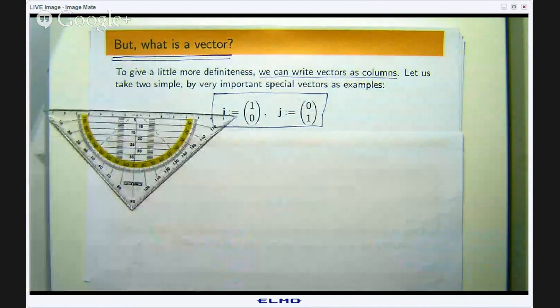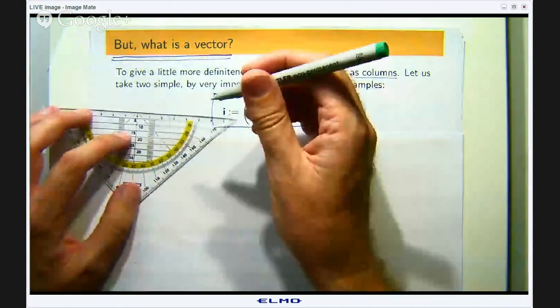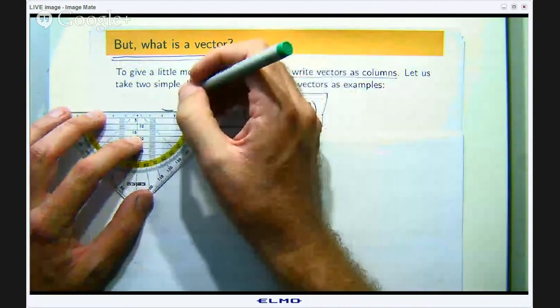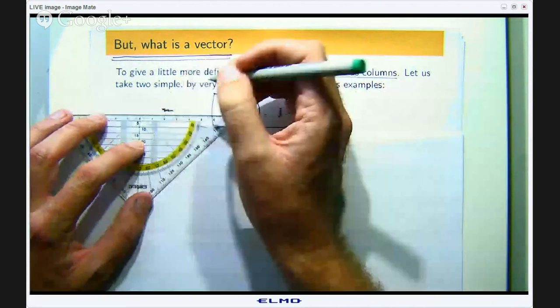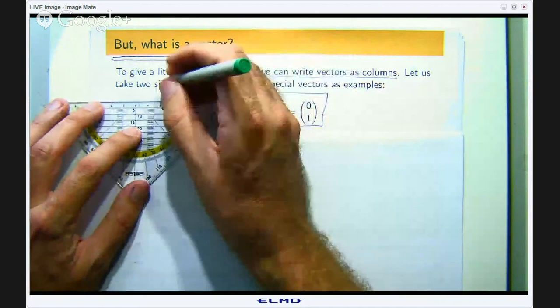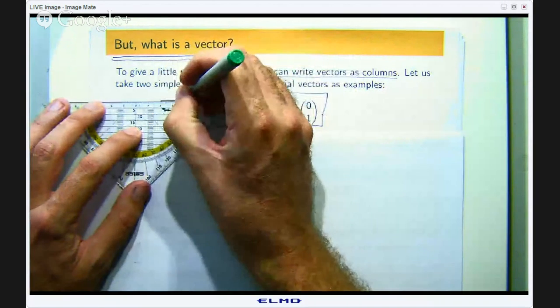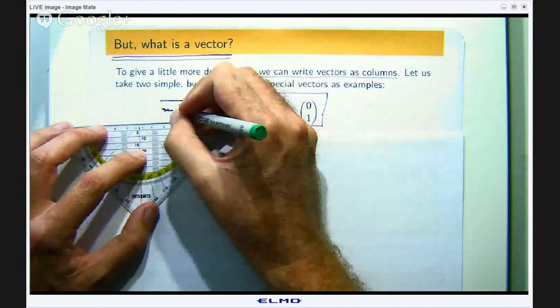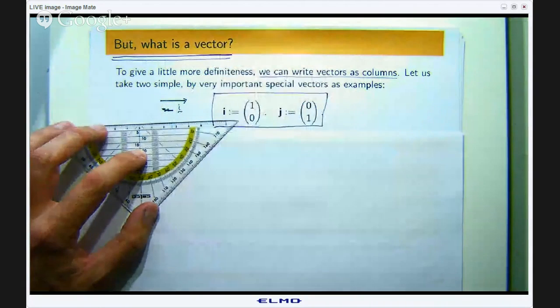The I vector is a special vector that points horizontally and to the right. And it has length 1.